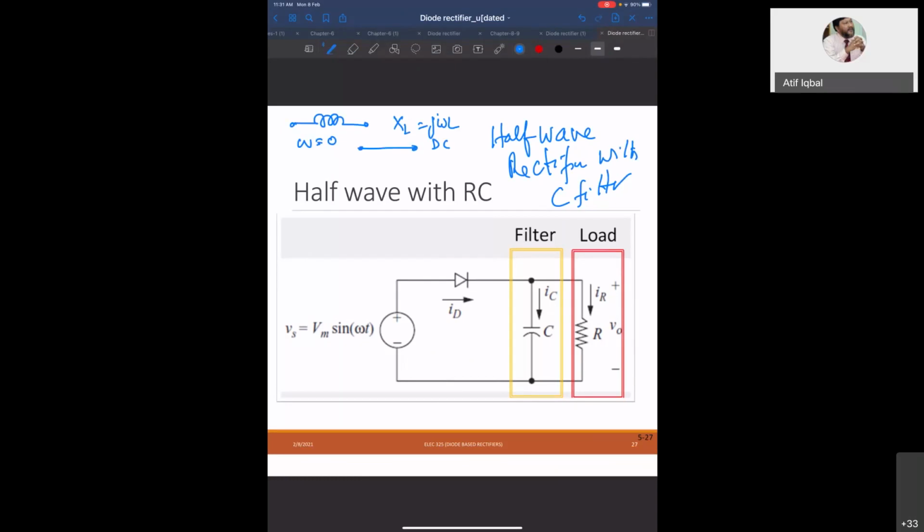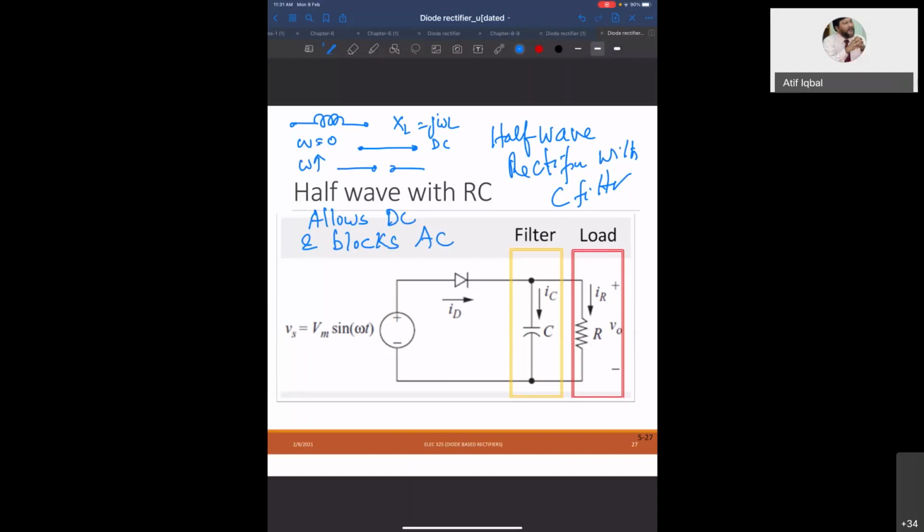And for a high value of omega, it will act as an open circuit, a high value of impedance. So that means it allows DC and blocks AC. Do you agree with this?